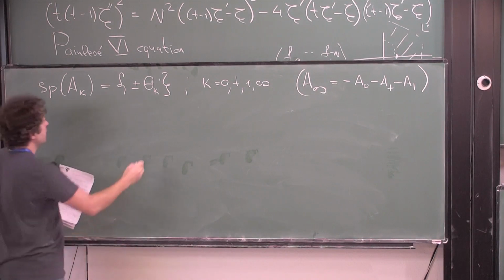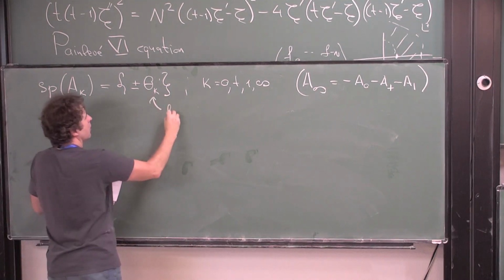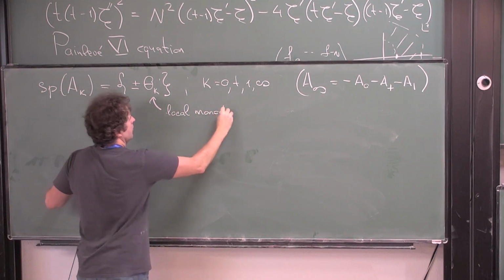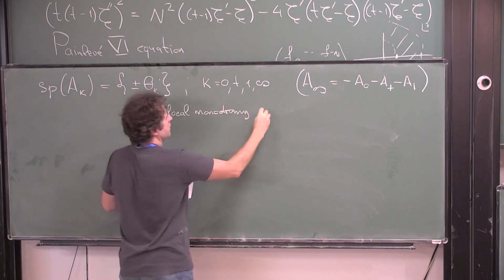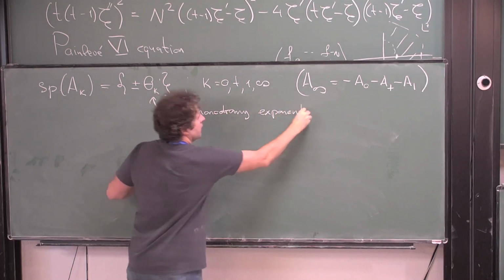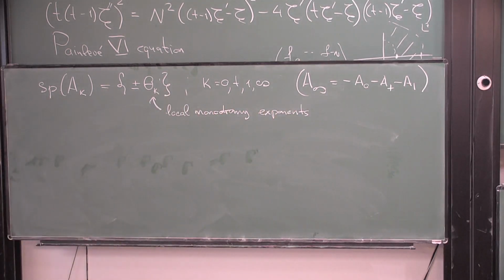These are called local monodromy exponents.